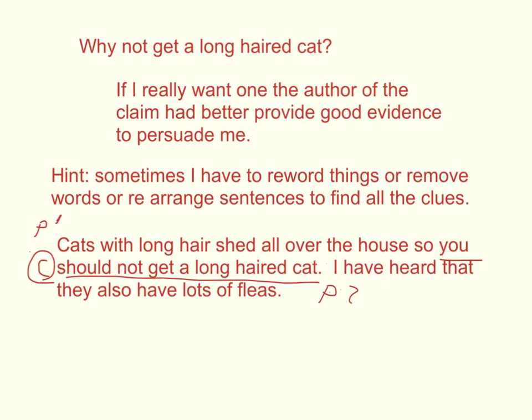If I really want one, and the author is telling me that I shouldn't get one, he better have some pretty good reasons why. I'm going to give you a hint here. Sometimes I have to reword things, or remove words, or rearrange sentences to find all the clues. Notice in our first sentence, we had actually our conclusion and one of our premises stuck together. You're going to have to look for those kinds of things.